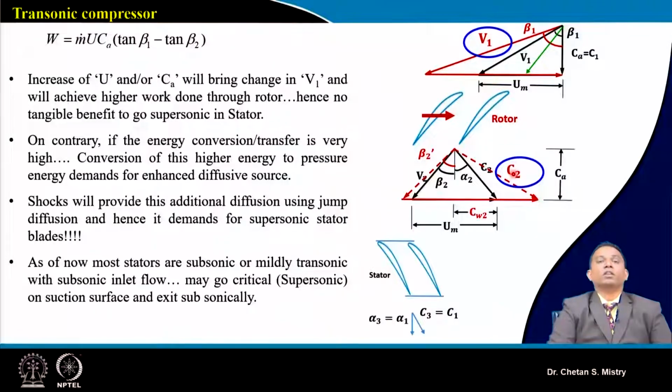As of now, these stators are subsonic in nature, or mildly transonic with a subsonic inlet flow. It may go critical on the suction surface, maybe going supersonic on the suction surface, but the exit as of now is subsonic.